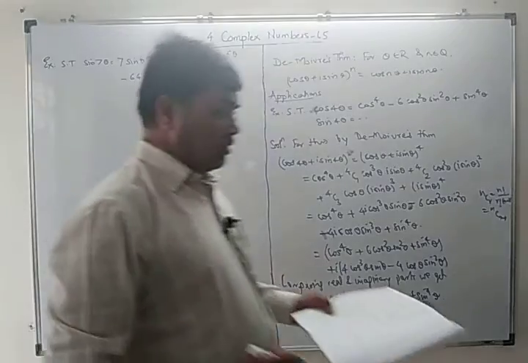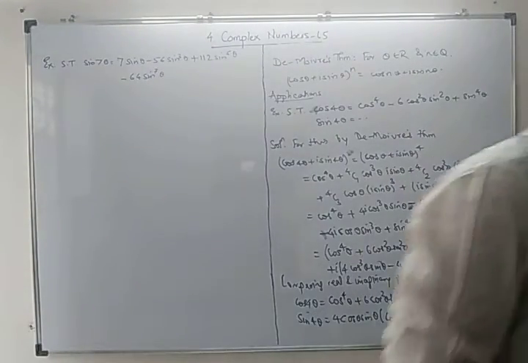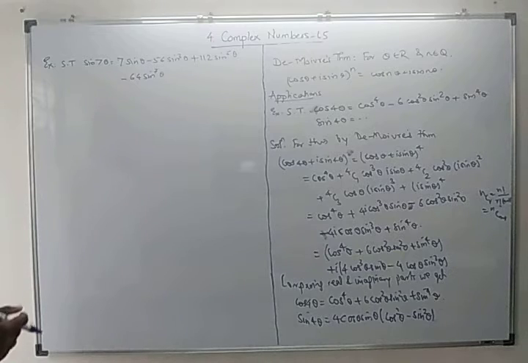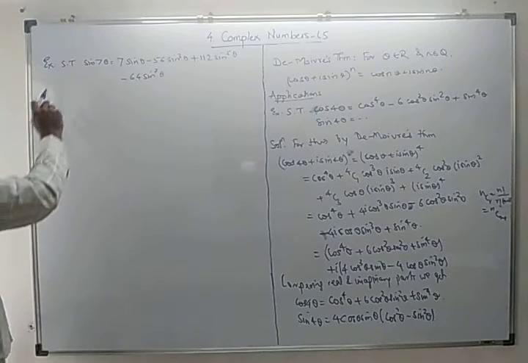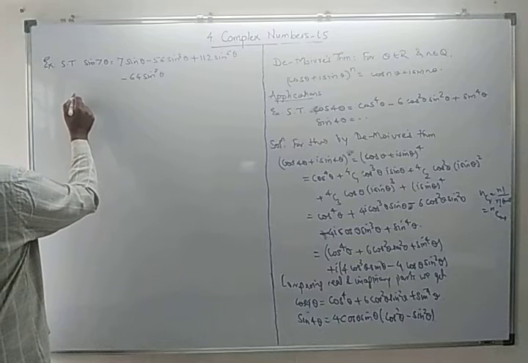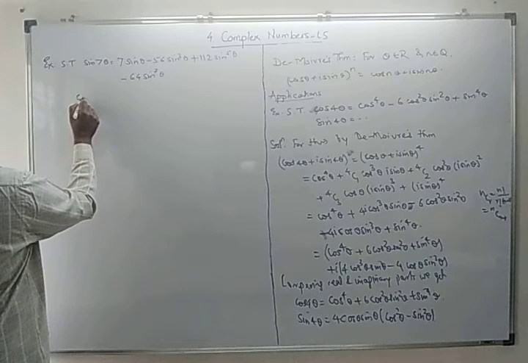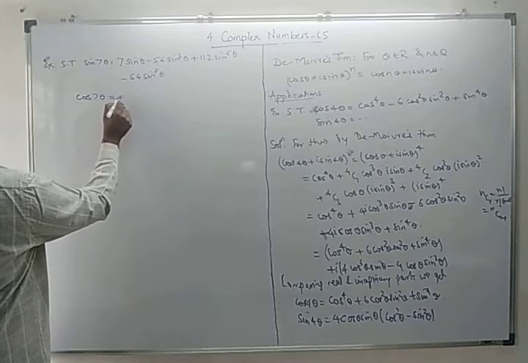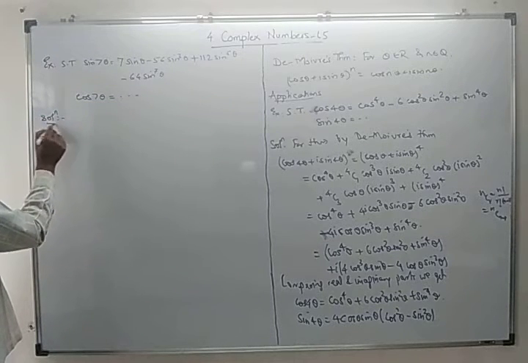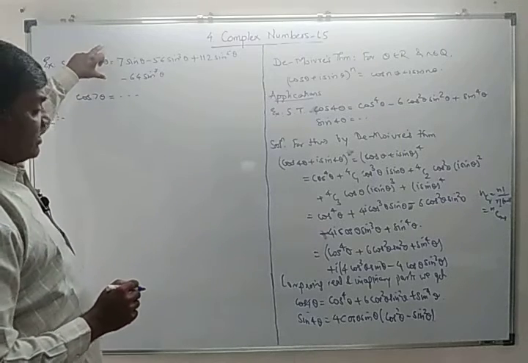So when we are evaluating sine or cos of a multiple of an angle in terms of powers, then we will get cos 7 theta also. So solution, we only show that sin 7 theta.